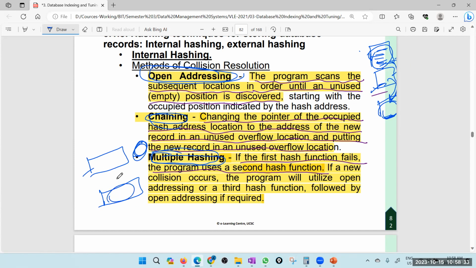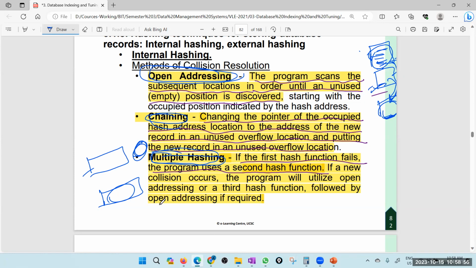We use a different hash function, the second hash function, which is different from the first. Maybe it gives you a block which has empty space, so you save it there in that block.